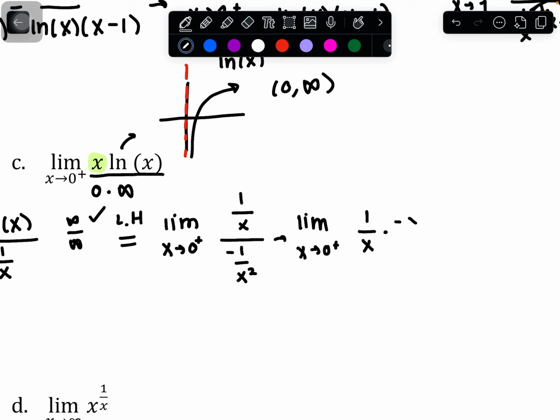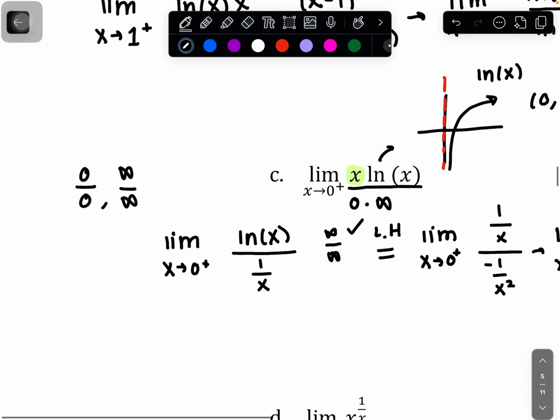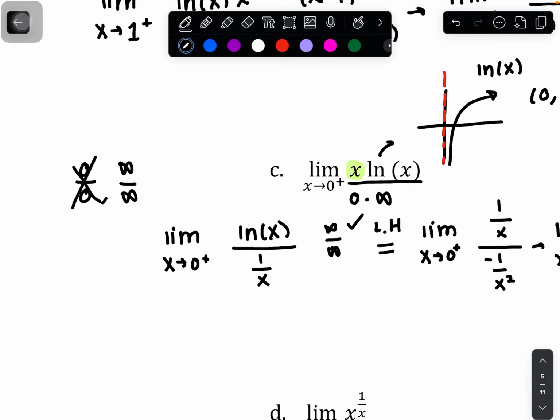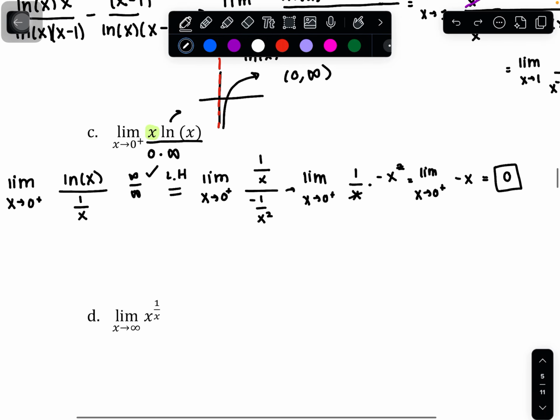So x cancels x, and this limit is really just the limit as x goes to 0 from the plus side of negative x, which if we plug in 0, we just get 0. 0 can be a solution. 0 over 0 cannot be a solution, okay? So keep those straight in your head.